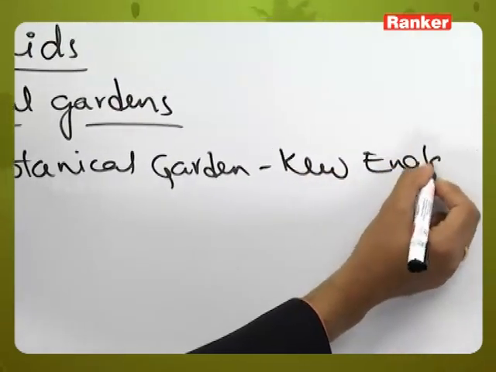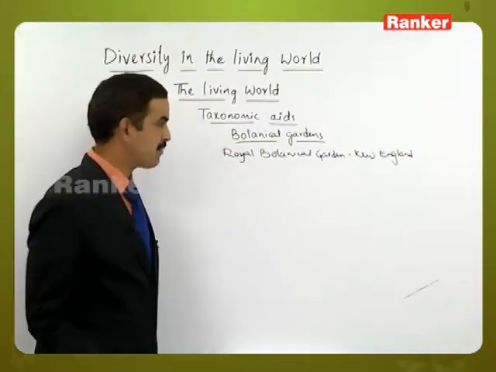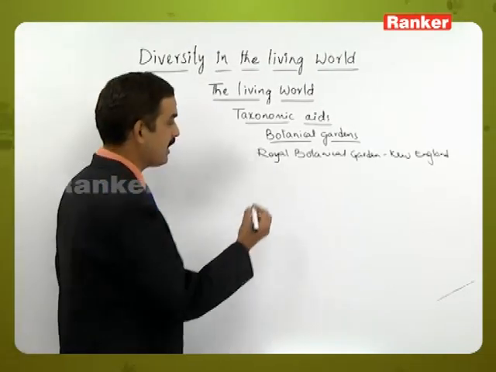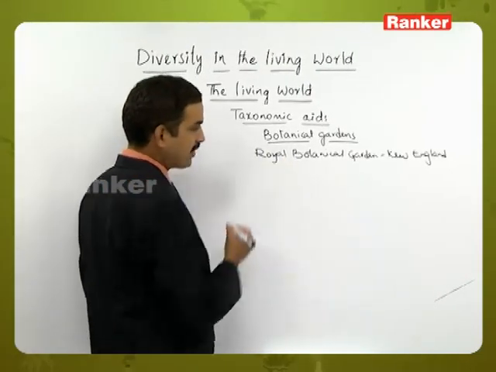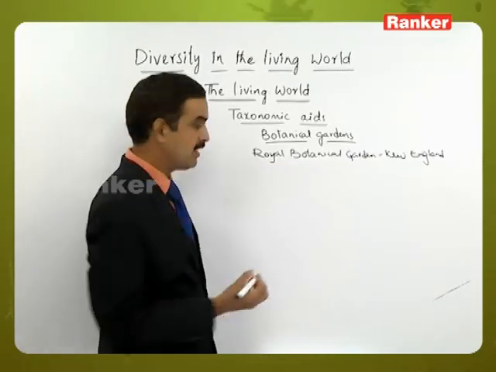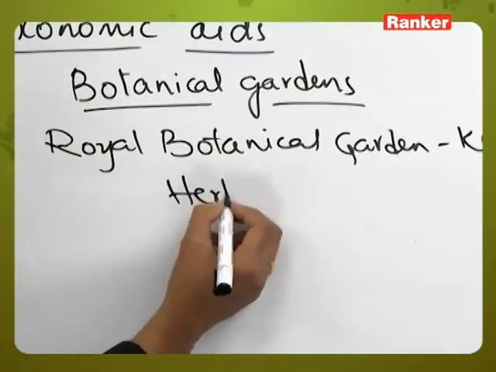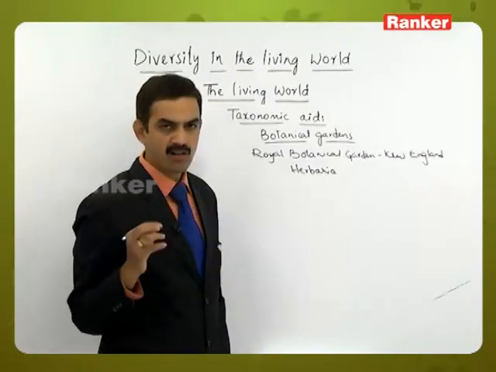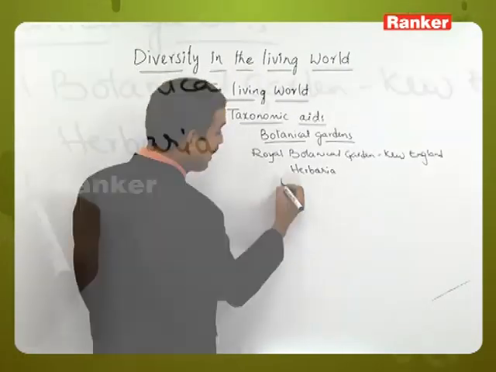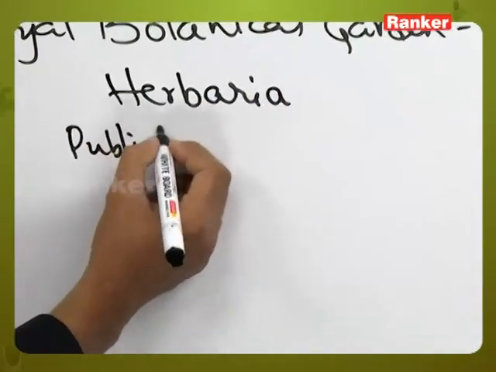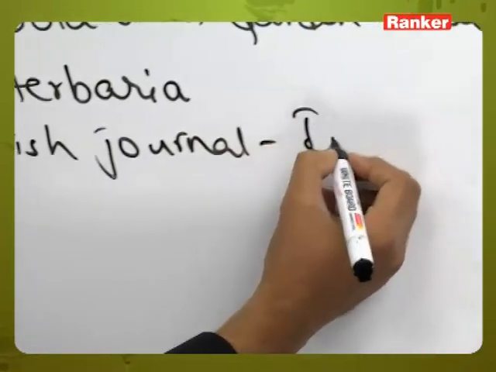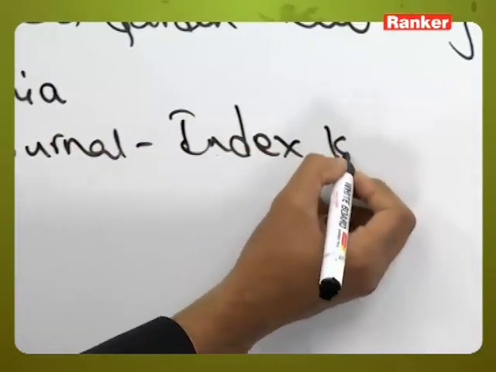This is the one which contains not only the herbarium but also internationally known plant species growing in that area. And this Royal Botanical Garden has one other special feature: not only does it have the herbaria of all the plant species, but it also publishes a journal called Index Kewensis.